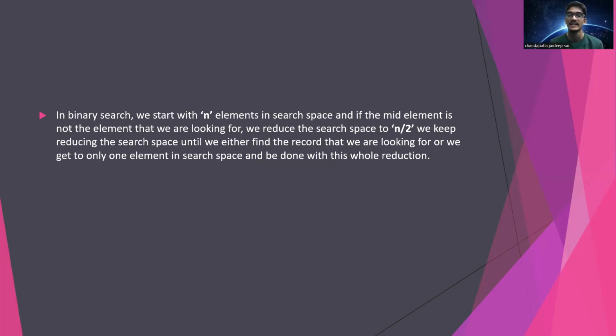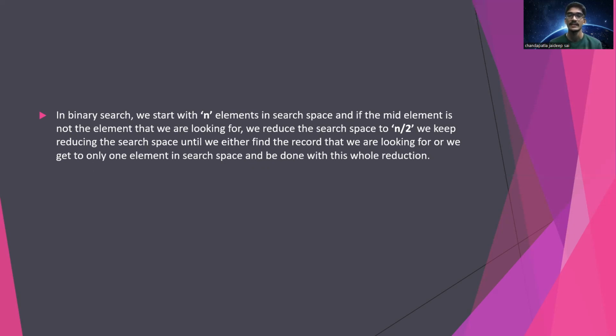Or else, if the middle element is greater than the key value, then we have to traverse from the starting index of the array to the middle element till we find the key element.